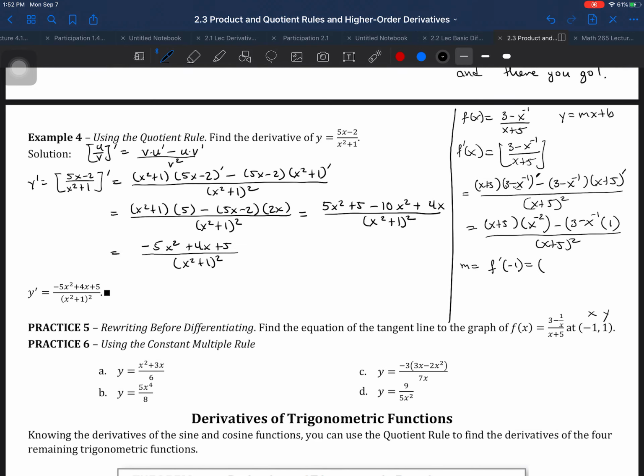So I'm just going to go ahead and place in there negative 1 plus 5, negative 1 to the negative 2, minus, maybe I'll do that on the bottom part as well, that 1 just goes away.